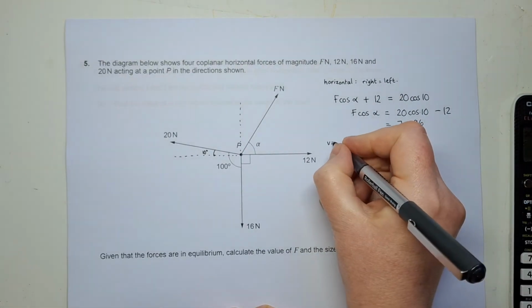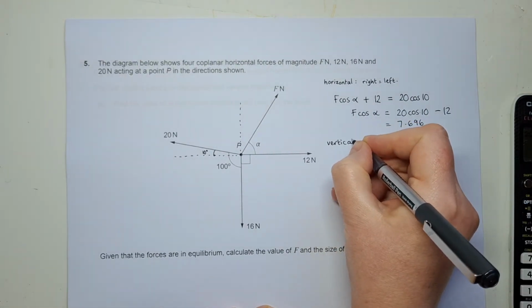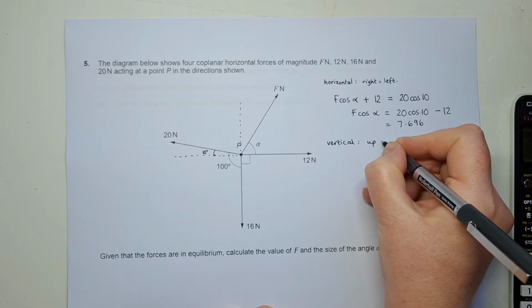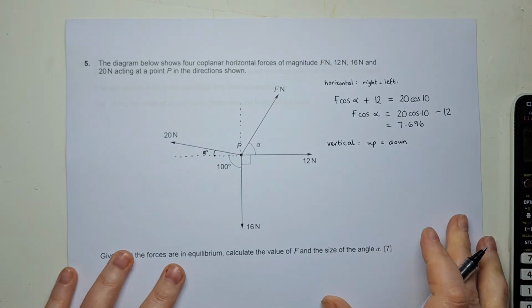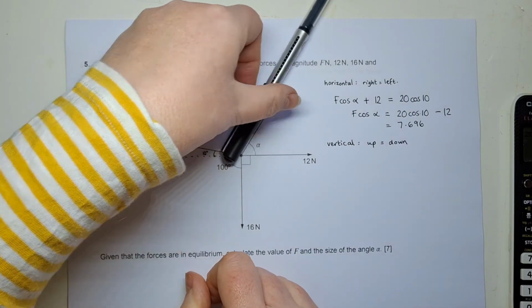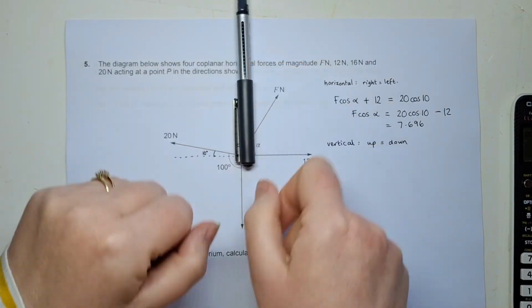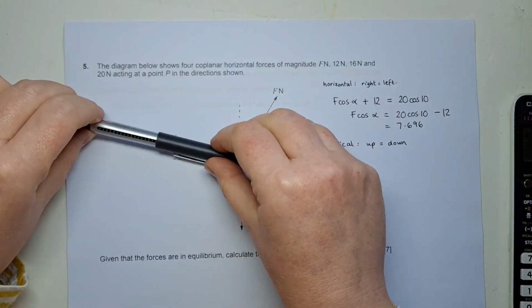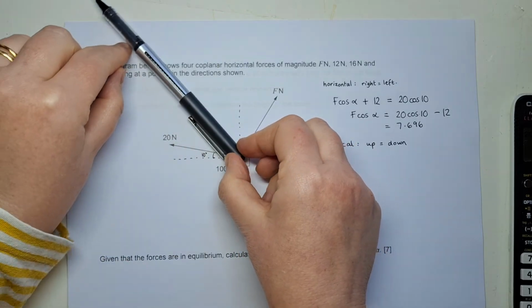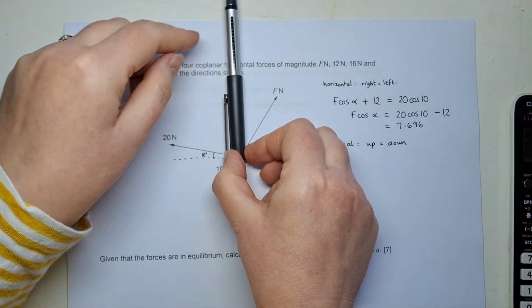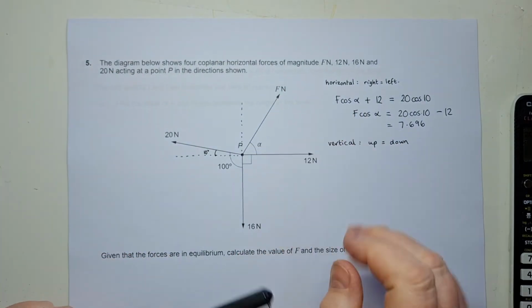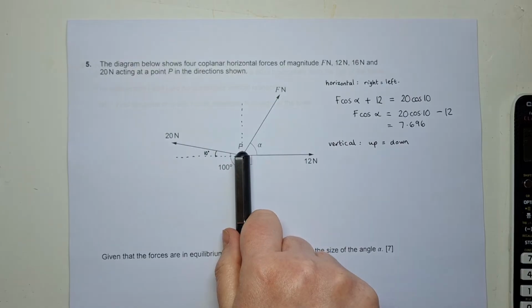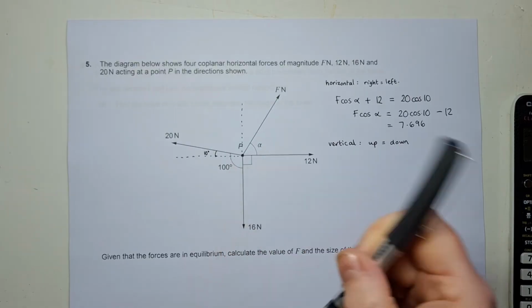Then we'll do vertical. For the vertical, we're going to say the forces up are going to be balanced by the forces down. So looking vertically, the F can be resolved to vertical. The 20 here also has a little bit of component vertical. The 12 isn't going to come into the vertical, and they're being balanced by the 16 downwards.